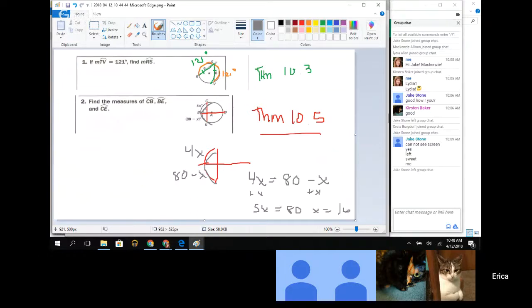So if I want to find the measure of arc BC, it's going to be 4 times 16, which is 64. And if I want to find the measure of BE, it's going to be 80 minus 16, which is 64. So these are each 64. And what if I want to find the measure of C to E? That arc is going to be 64 plus 64, which is 128 degrees.